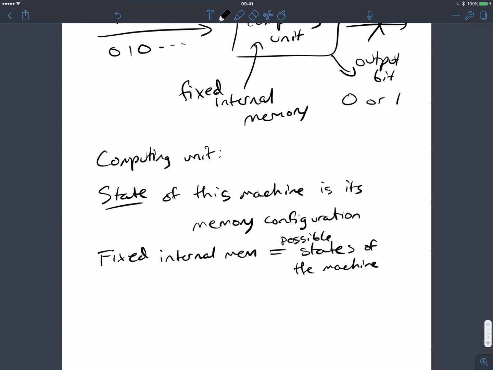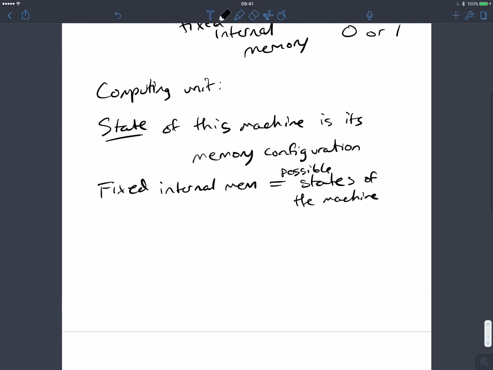All right, so now we just have to figure out, I'm going to be traversing these states as I'm reading the input, and once the input is completely read, I'm in some state, okay? So how do you think that output bit gets determined? Okay, so what we need to do is determine for each of the states in the machine, if we happen to end up in that particular state, whether we say yes, we accept that input, or we say 1 on that input, or we say no, we don't accept that input, or we say 0 on that input.